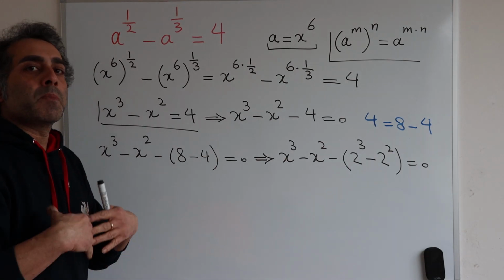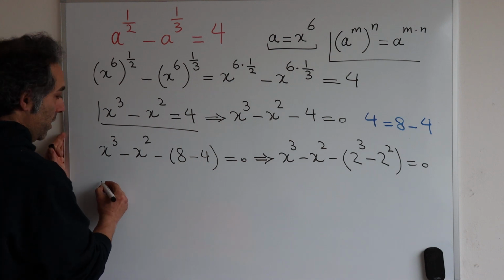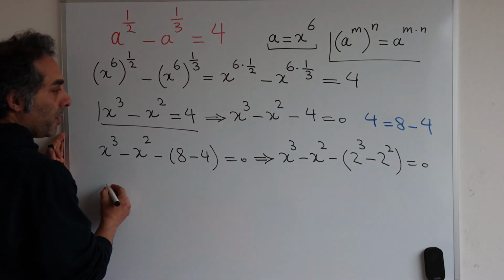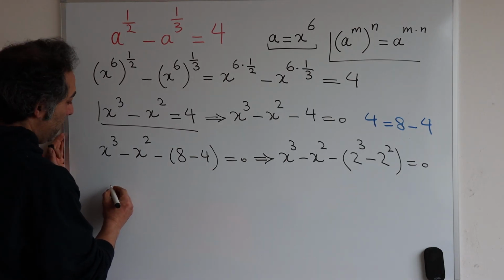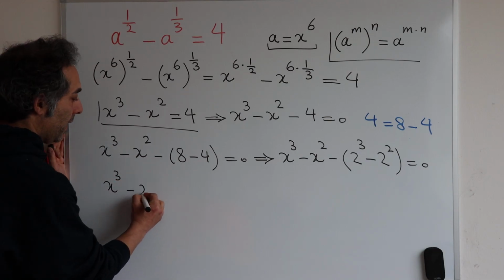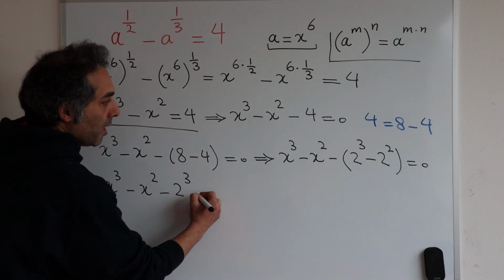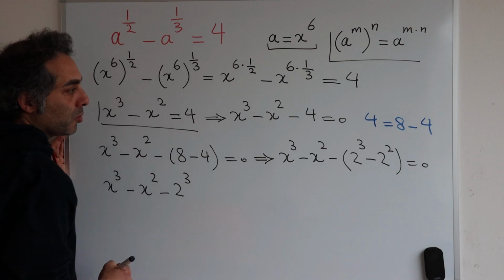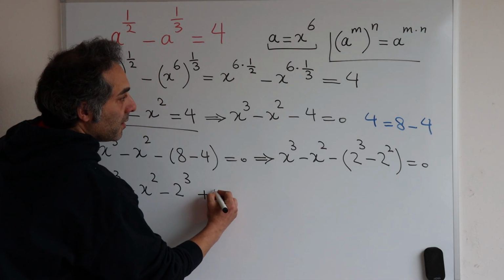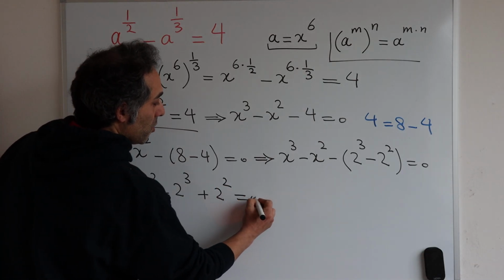So you can make a standard form or reorganize this equation. You can see it's a minus, and you can multiply the minus into the parentheses: x cubed minus x squared minus 2 cubed, because minus times the parenthesis, and here minus times minus is plus 2 squared equals 0.